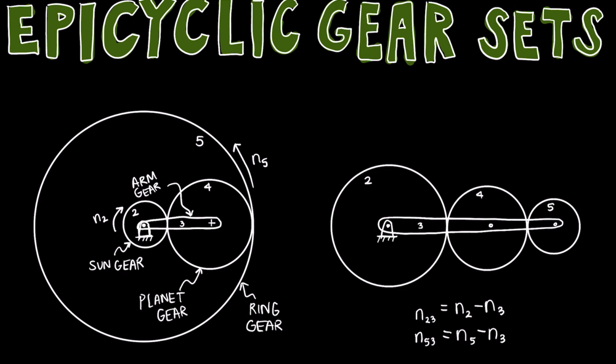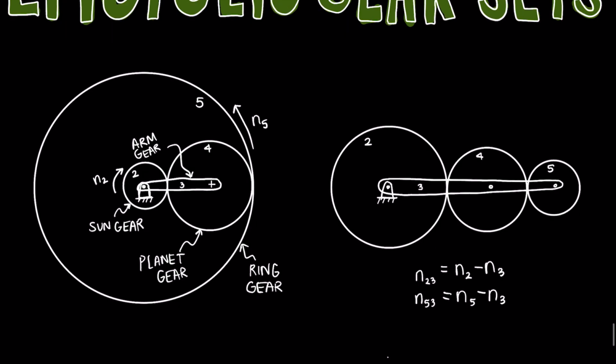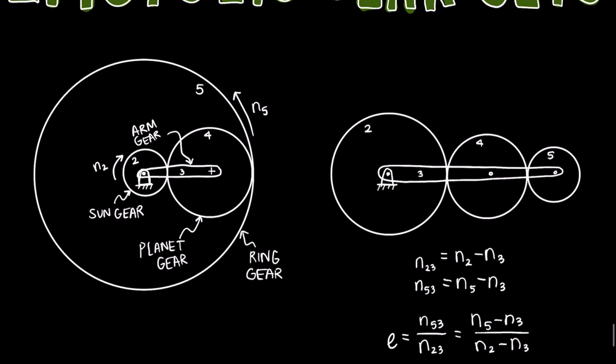And then if we think about this gear train in a similar way to the gear trains that we saw in the previous video, we were initially setting these up, we can write now our train value as the ratio of n5 relative to 3 divided by n2 relative to 3, which is going to be n5 minus n3 over n2 minus n3.